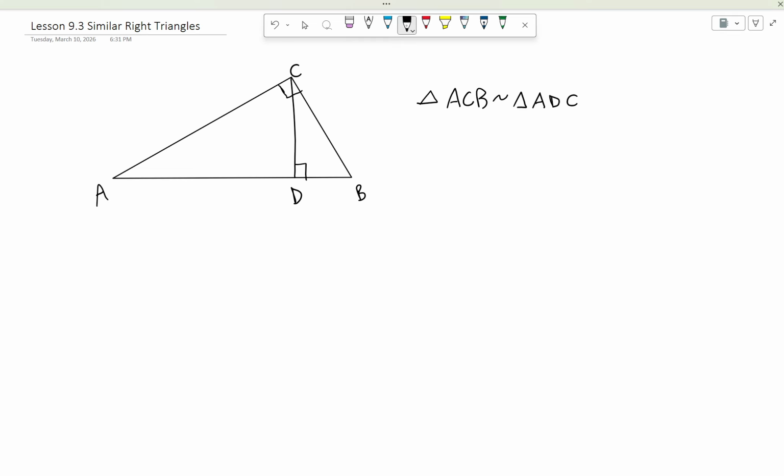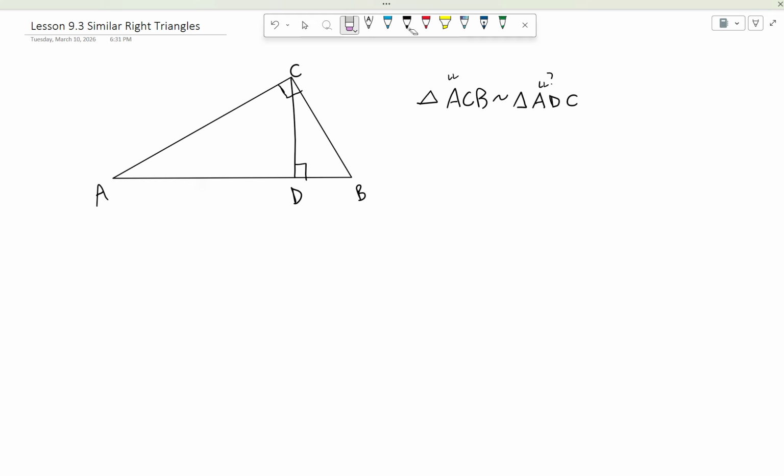Then the angle in between would be D, the vertex of this right angle. AC was my long leg, which means AD has to be my long leg. Let's take a look: AD, long leg here.